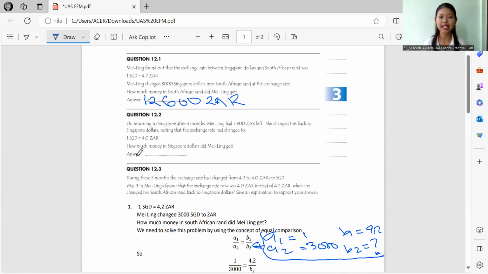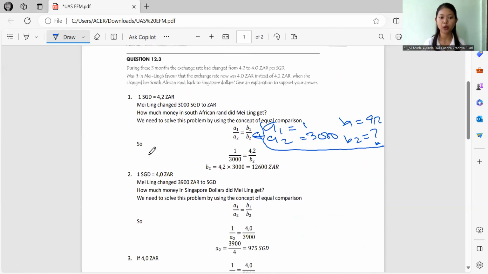How much money in Singapore dollars did Mei get? For question number two, we know 1 SGD equals 4.0 ZAR, and Mei wants to change 3,900 ZAR to SGD, or Singapore dollars. How much money in Singapore dollars did Mei get?